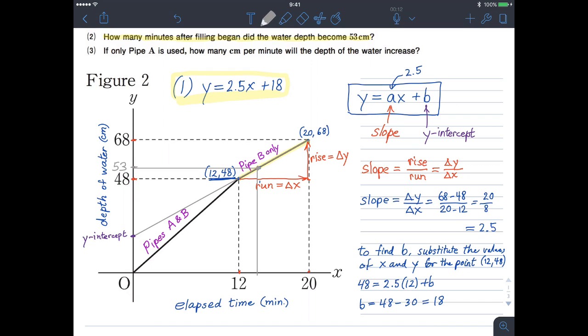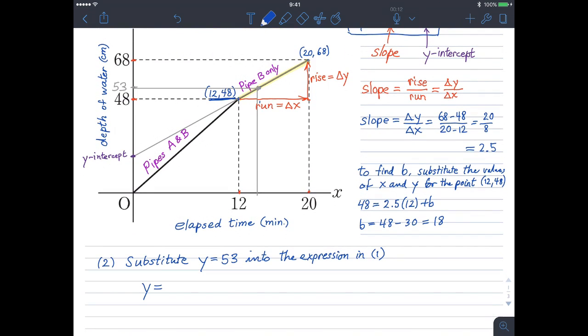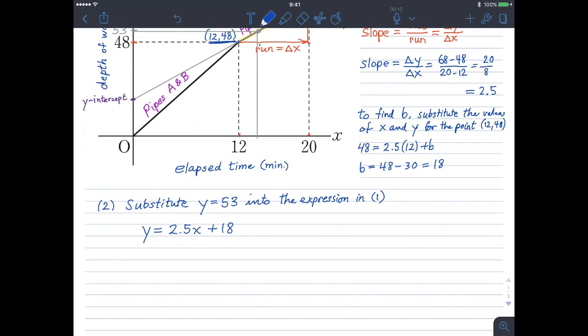So what we need to do to solve part 2 is to substitute y equals 53 into the expression in 1. And that expression was y equals 2.5x plus 18. So when y is 53, we can write 53 equals 2.5x plus 18.